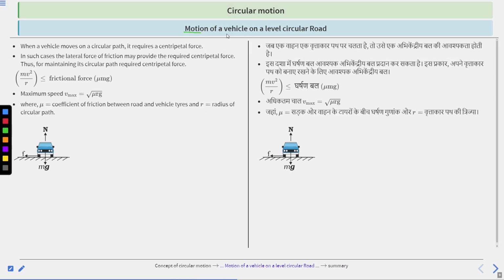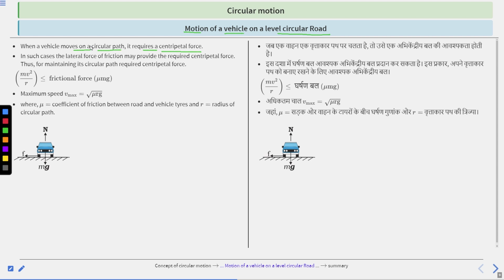So next is motion of a vehicle on a level circular road. When a vehicle moves on a circular path, it requires a centripetal force. Clear? Note down.